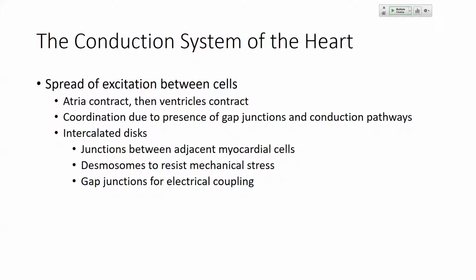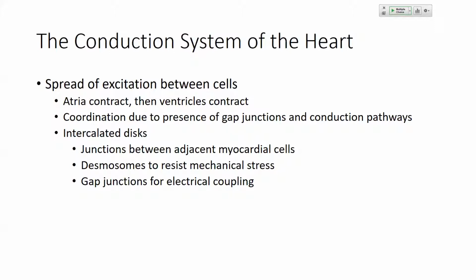The intercalated discs are these small discs that run perpendicular to the fibers of the cardiac muscle, and they're basically the location of junctions between two myocardial cells. If you have one cell sitting next to another cell, that area where they communicate, that area where they connect, is called the intercalated disc.